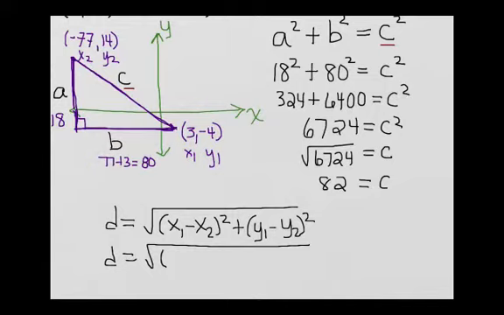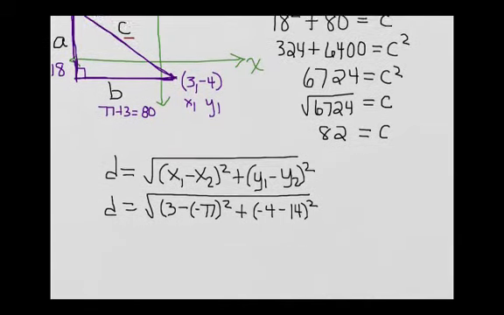So x1 is equal to 3, and we're going to subtract from that negative 77, and that's going to be squared, plus y1 is equal to negative 4, and we're going to subtract from that 14, and then that's going to be squared.